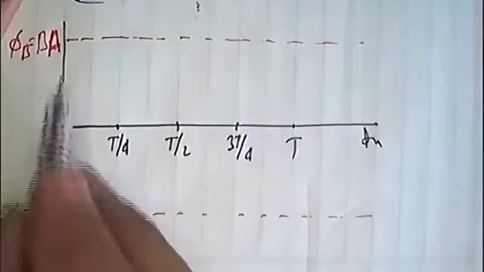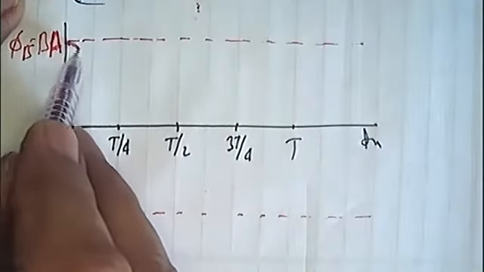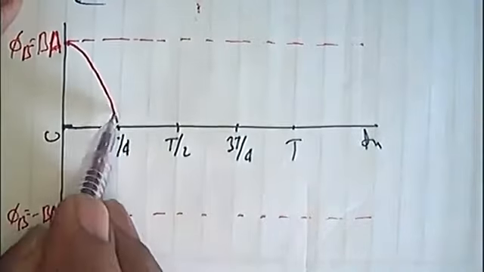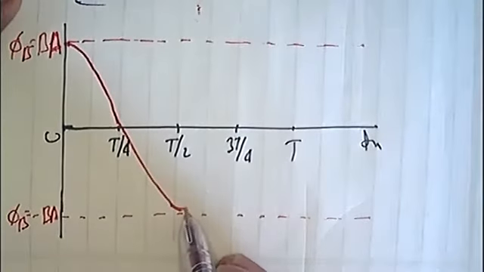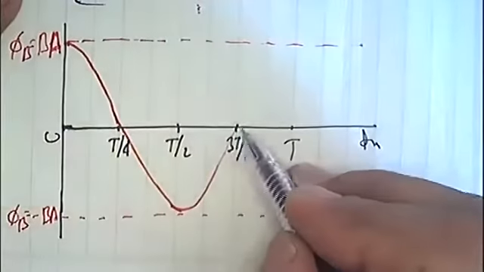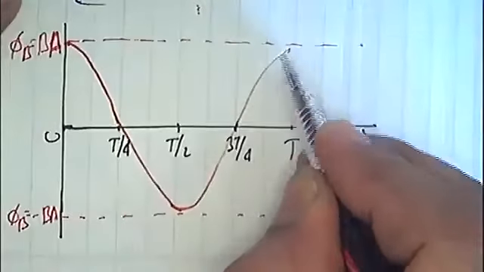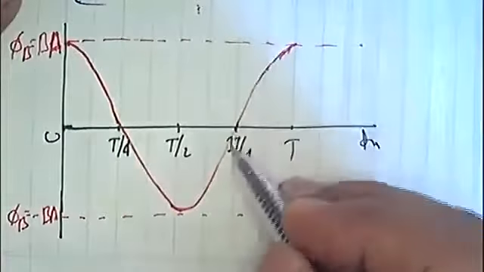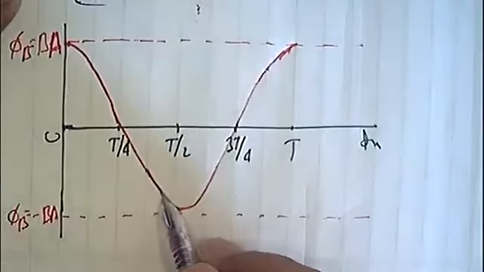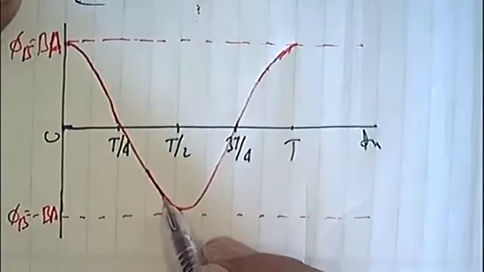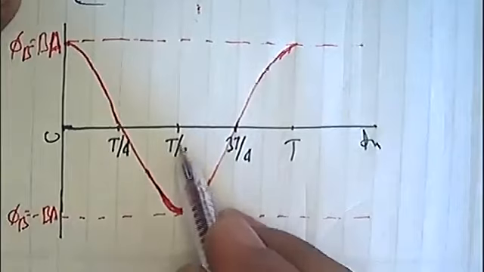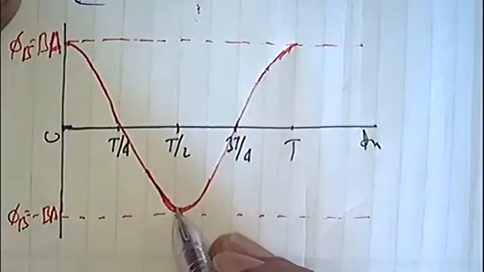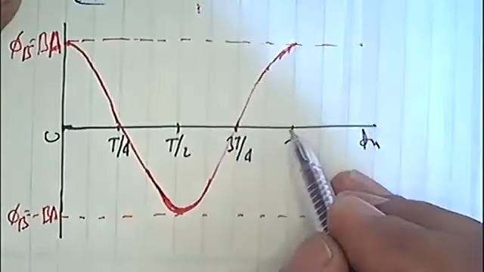How? The same. Here the flux reduces to 0, then becomes maximum in opposite direction, then reduces to 0, and then becomes maximum in the same direction. This is the flux. In this graph, the peak should be exactly at T/4, T/2 and T.